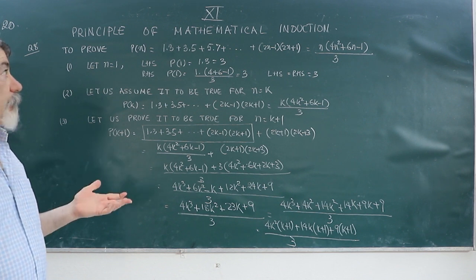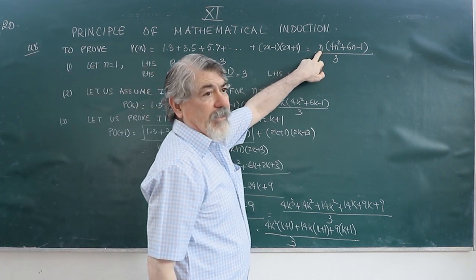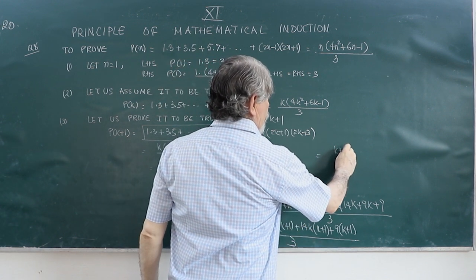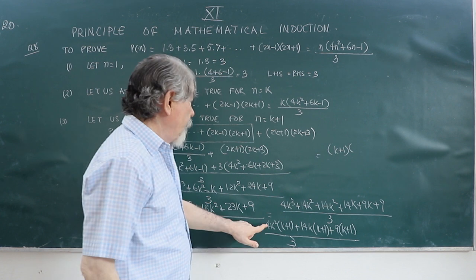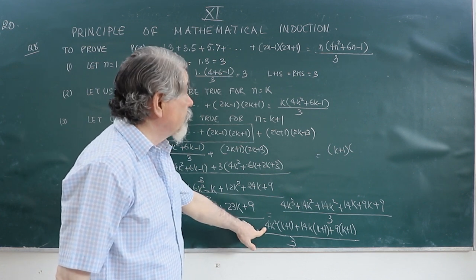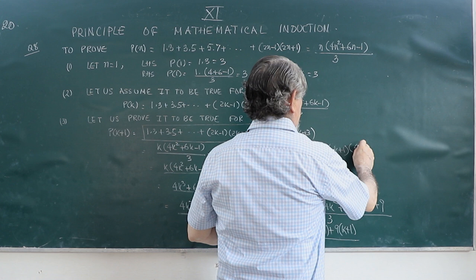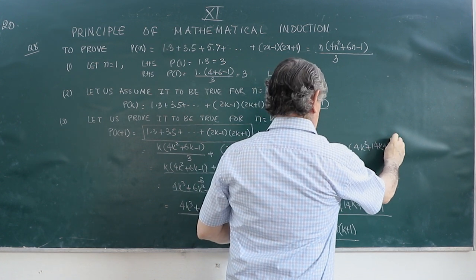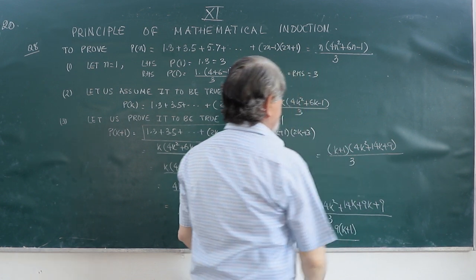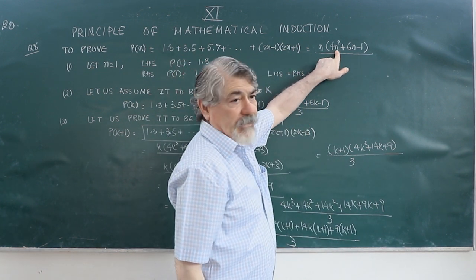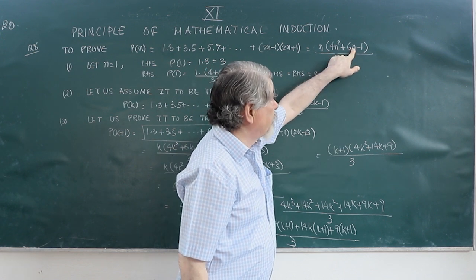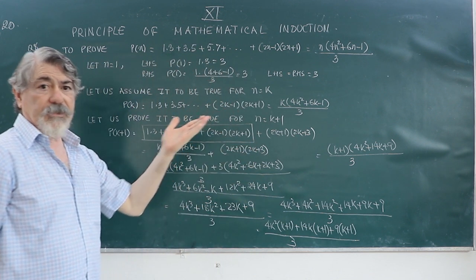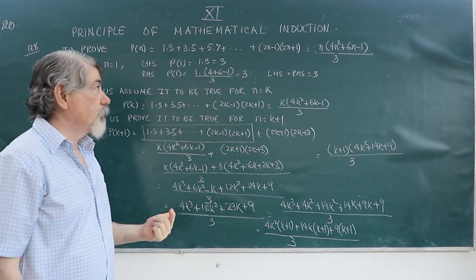You will get k plus 1 common, in place of n because we have replaced by k plus 1, so k plus 1 will come out common, and it will be (4k squared plus 14k plus 9) upon 3. If you put k plus 1 in place of n, you will get the same thing. It is true. You can try it and you will find that it is true.